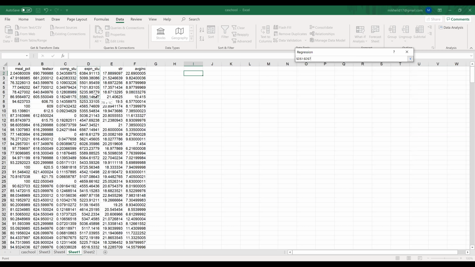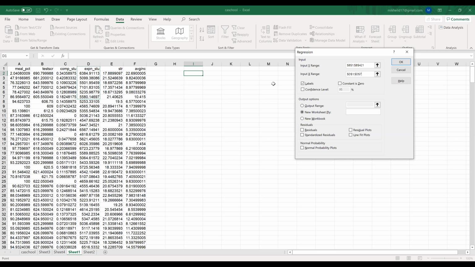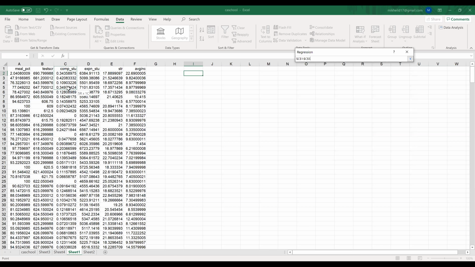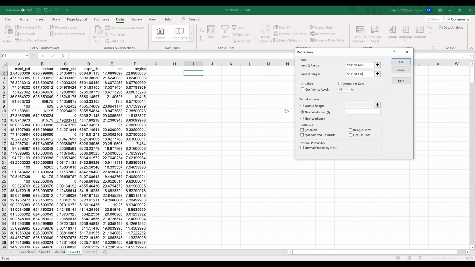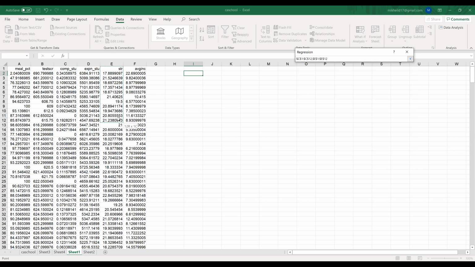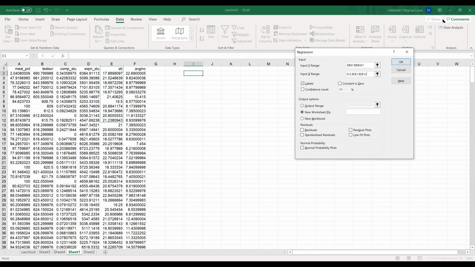I'm just checking something. Sorry guys. Column C, let's say this, and a comma. Well, let's see if it lets me do this. No, it doesn't.